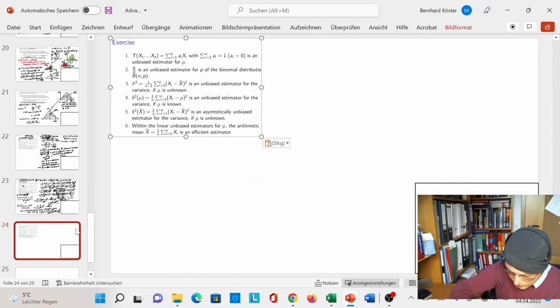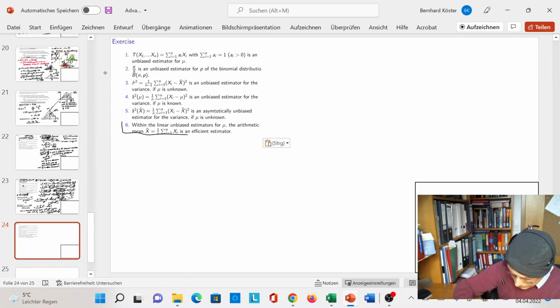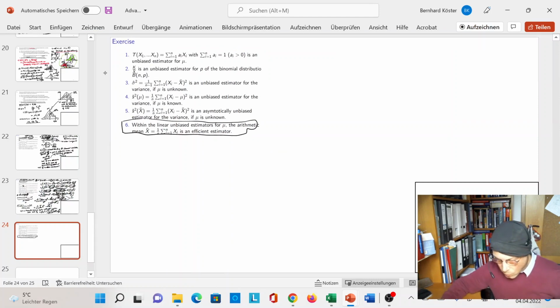Let's take now number 6. Why does the arithmetic mean have this very central role?